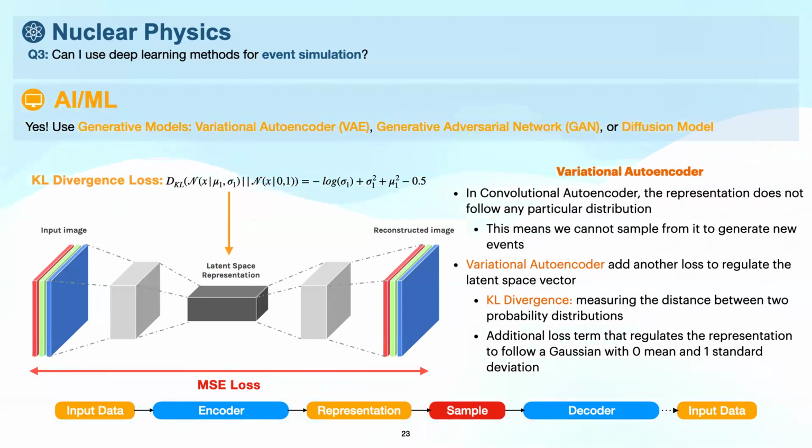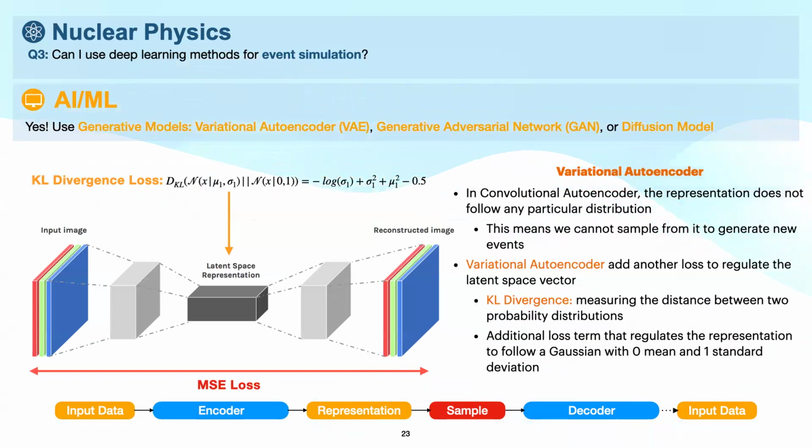But when you are running your model to generate new events, you are sampling from the Gaussian distribution to generate an event that you have not seen before. It is almost like an interpolation process where every single point you train matches exactly between the input and reconstructed, and then you are sampling points within your representation space that have not been seen before by the neural network. So this is how you are generating.